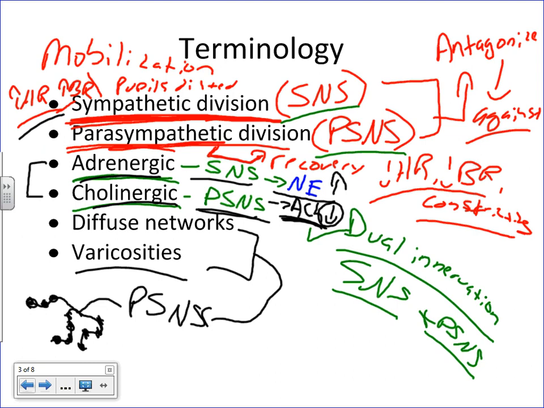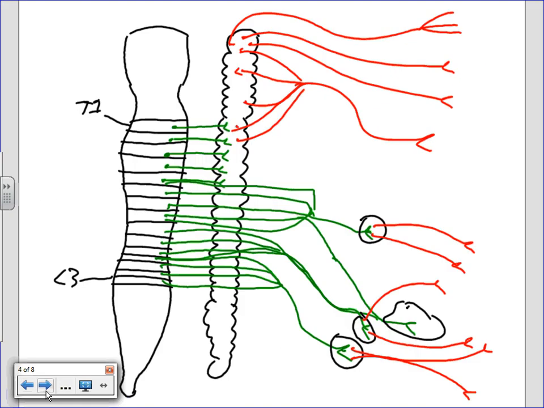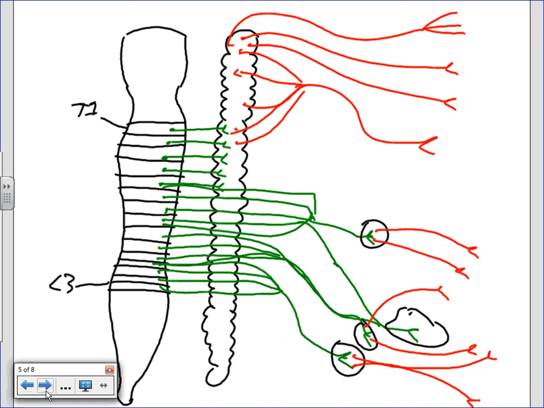All right, so next, let's talk about the layout of the two divisions, the sympathetic and parasympathetic nervous system. This would be the sympathetic nervous system, the SNS, and pardon my art here.